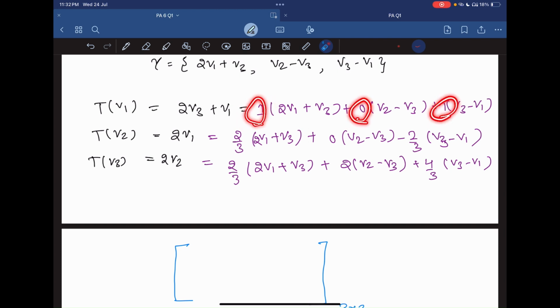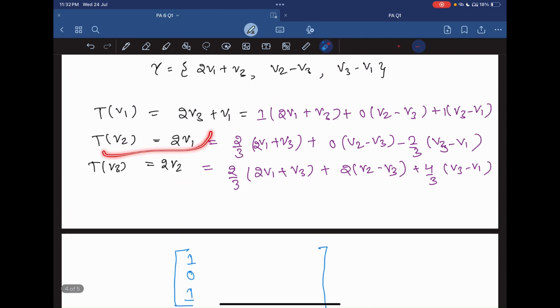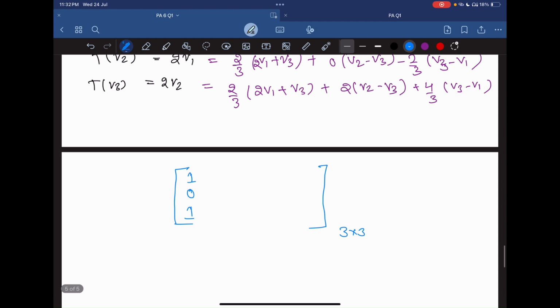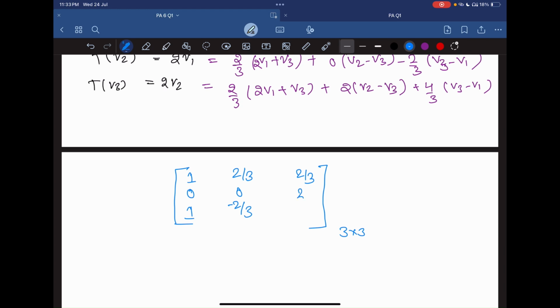We take the coefficients of the first image vector, 1, 0, 1, and put them column-wise in this matrix, and the same we will do for the second image, these coefficients 2 by 3, 0 and minus 2 by 3. We will put them as the second column. And for the third also, this 2 by 3, 2 and 4 by 3.